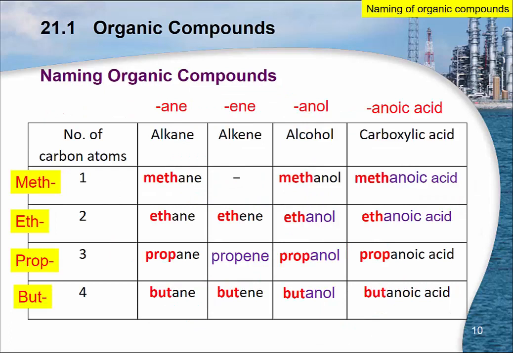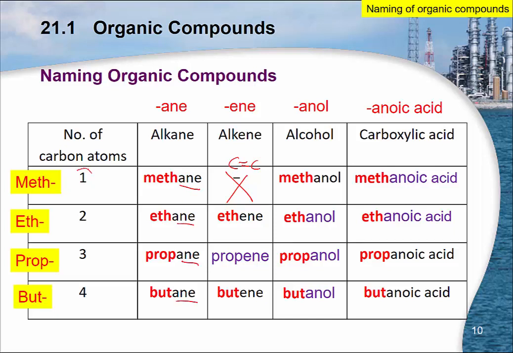Now, this is the summary of the first four members of the four families. Now remember, alkene needs a carbon-carbon double bond. So for alkene, there's no single carbon, because the minimum you need is a carbon and carbon double bond. So there's a minimum of two. That's why you have something called ethene. So let's look at the alkane family. All the names for the alkane family end with ANE.